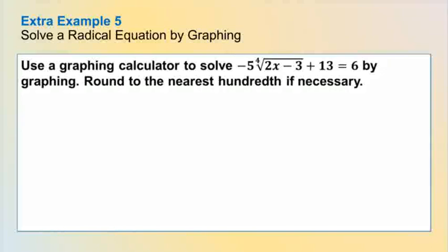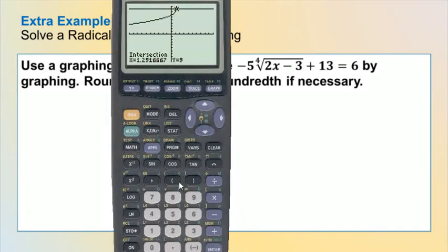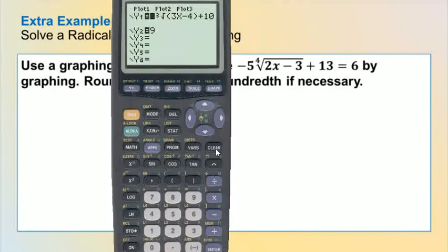Going on to the next one, use a graphing calculator to solve this one by graphing, round to the nearest hundredth if necessary. For this one, we'll just do it as one equation to make it easier. So I have negative 5. Now we have to do the fourth root.